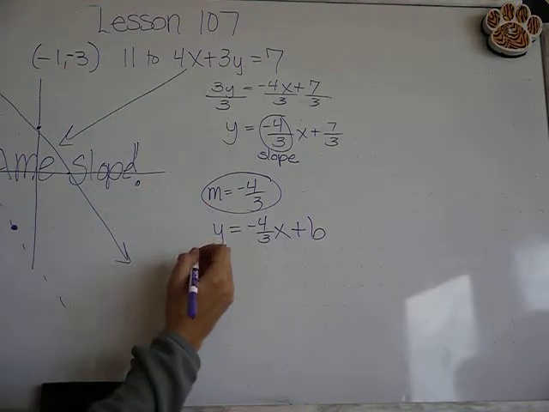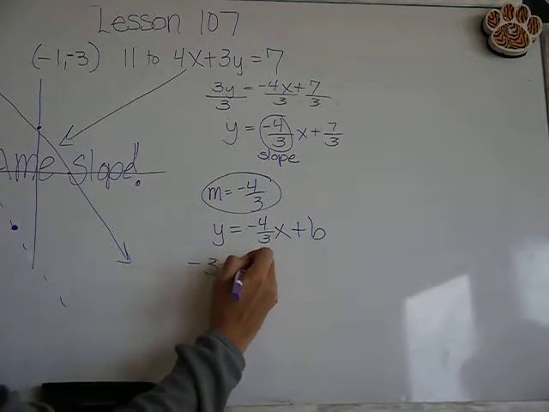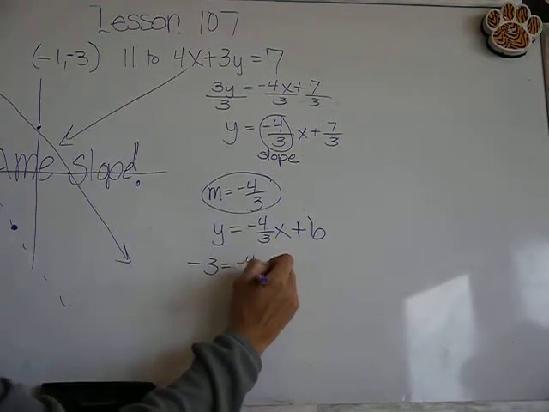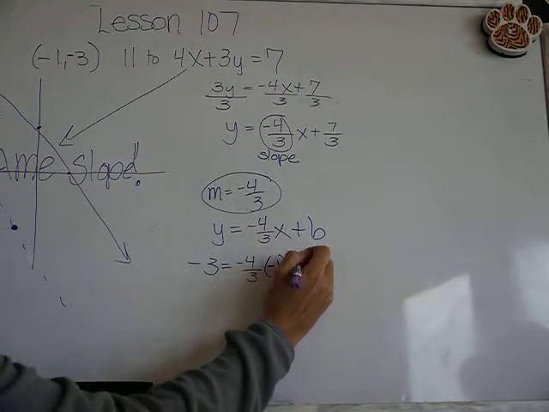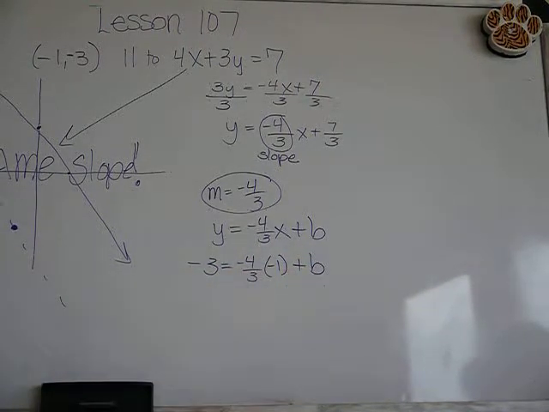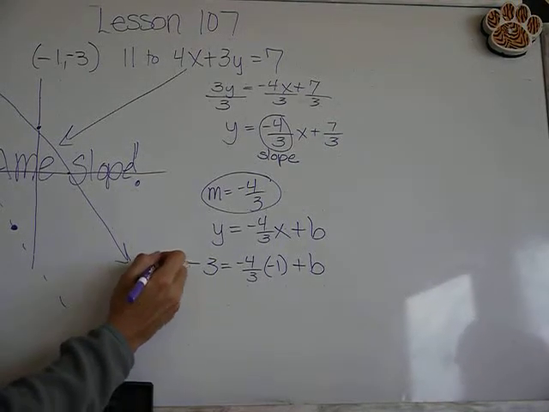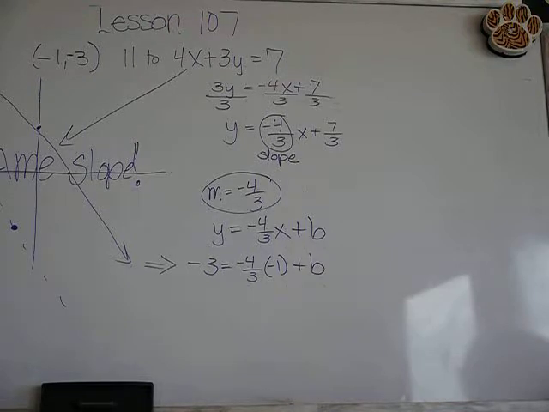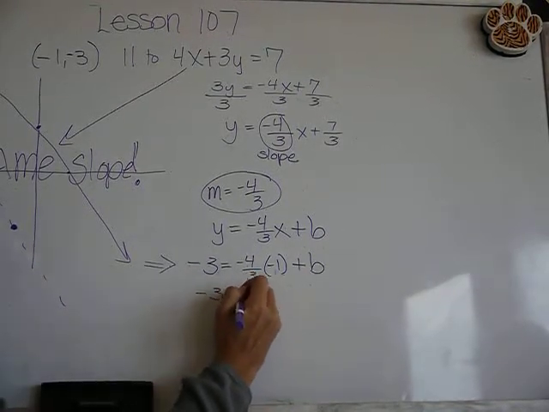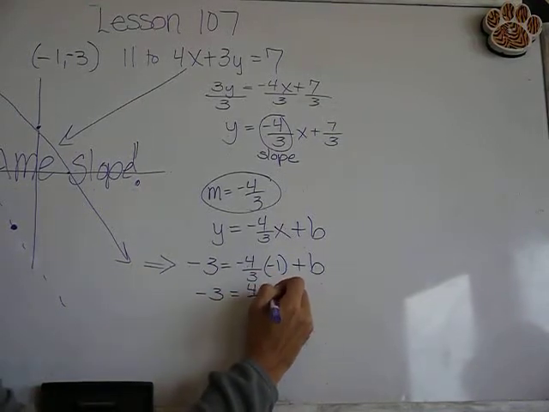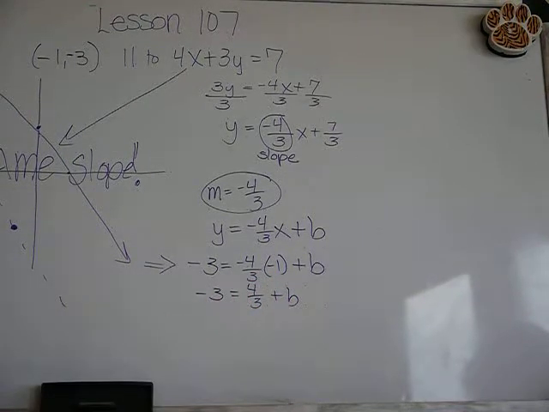So y is -3 equals... They like to give us fractions right off the bat. So do you see where we got this? We picked a point, plugged it in. And that will give us, once we do the work, what we need for b. Now that turns into a positive 4/3.